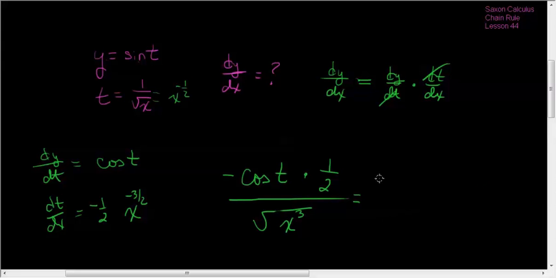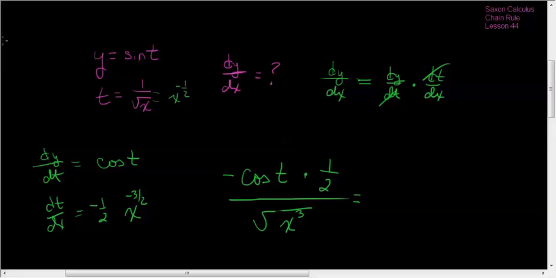Okay, so let me back it up here a little bit. We've got cosine t, that's dy/dt, times dt/dx, which would be negative 1/2 x to the negative 3/2. So I put that downstairs and made it the square root of x cubed.